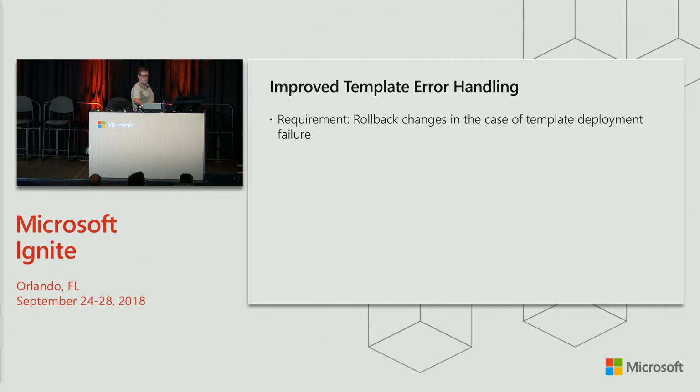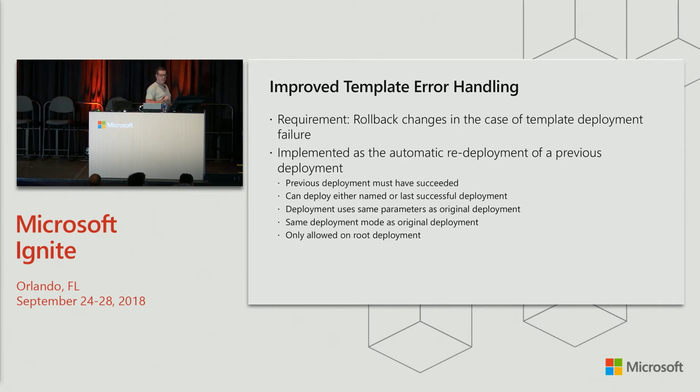So the way that we've implemented this feature is by enabling you to specify when you do a deployment that you want to have a previous successful deployment deployed in the event of a failure.